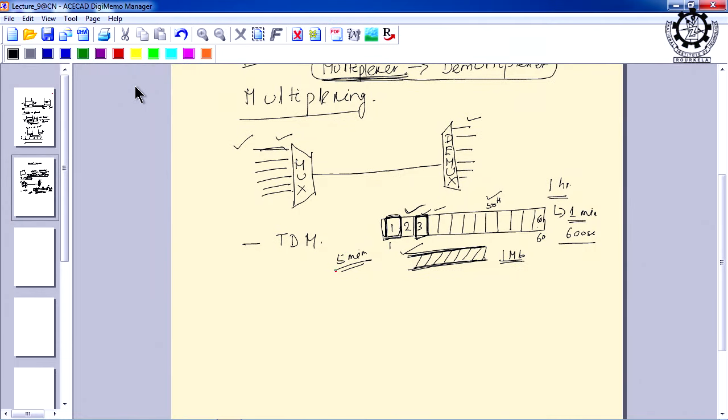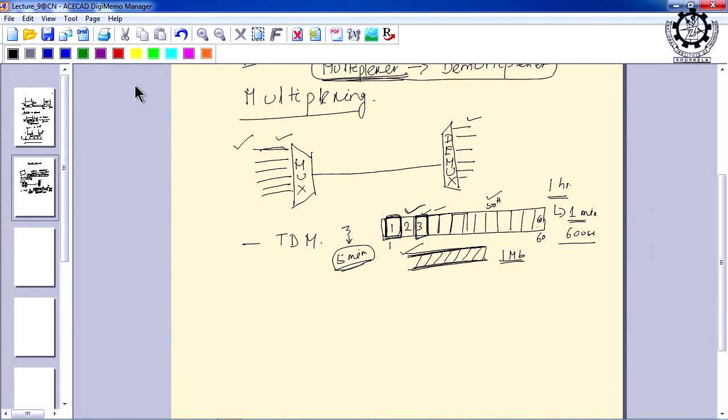So, node number 3 wants 5 minutes to transmit, and for the other slots that have been allocated to the other nodes, let us say most of the nodes are not ready with the data. Not ready with the data means what? The data is not yet generated or the frames are not yet generated, right. So, they are not ready with their data to be transmitted. So, during their slot they decline to transmit.